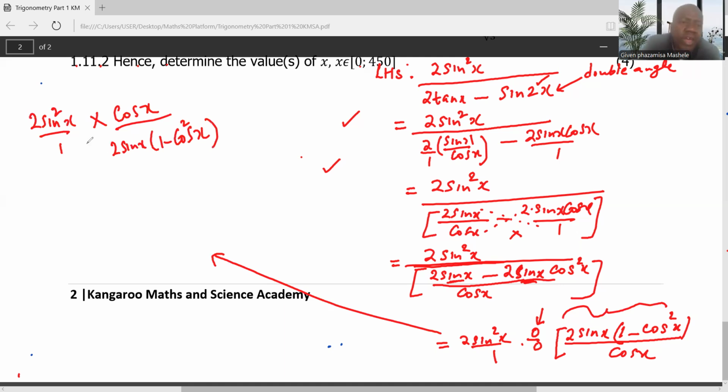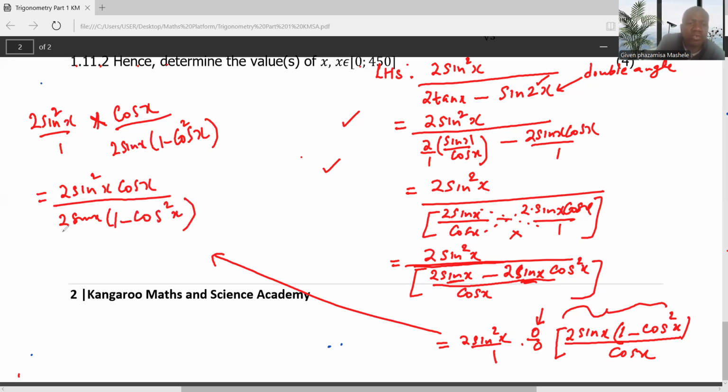Since we have multiplication here, we are allowed to divide terms that are the same. Let's multiply the numerators together. This will be 2 sine squared x multiplied by cos x, divided by 2 sine x into 1 minus cos squared x. The 2 and the 2 will divide, and sine x and sine x will divide.